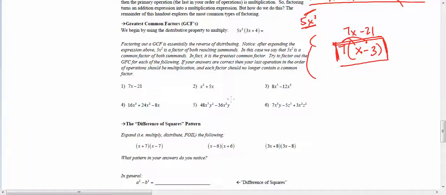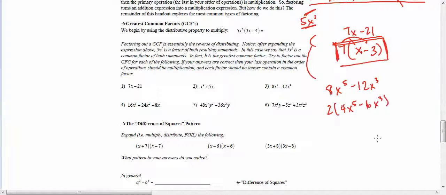All right, let's try this one. Let's do 3. 8x to the 5th power minus 12x cubed. Okay. Is there a number? What is the biggest number I can pull out of 8 and 12? Because I could pull out 2. Okay. I could pull out a 2 and I go 2 times 4x to the 5th minus 6x cubed.